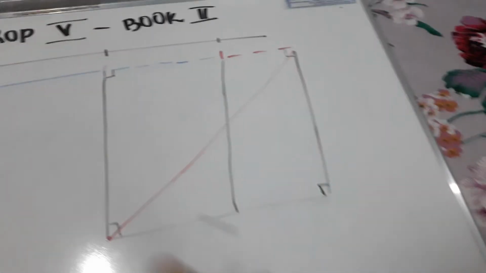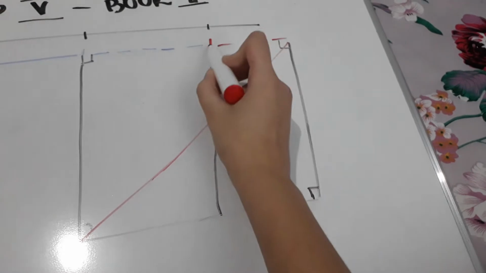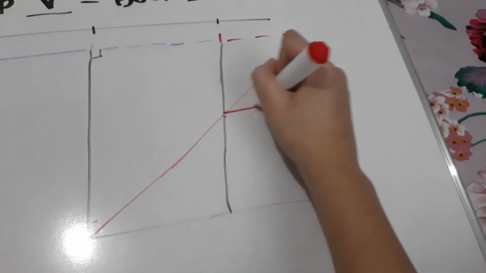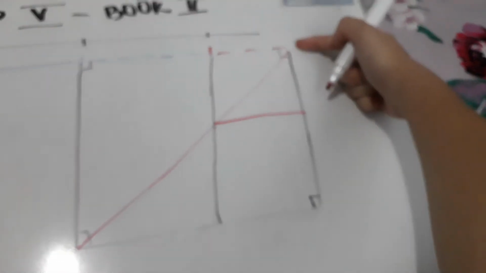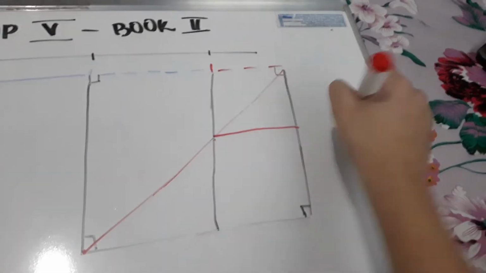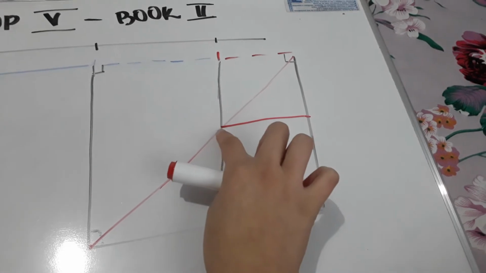Fine. So what are we going to do then? From this point, not on this line, we make a line parallel to it. So we're going to have this line being parallel to this line, and we are not just going to do anything without knowing. We are going to extend this line.